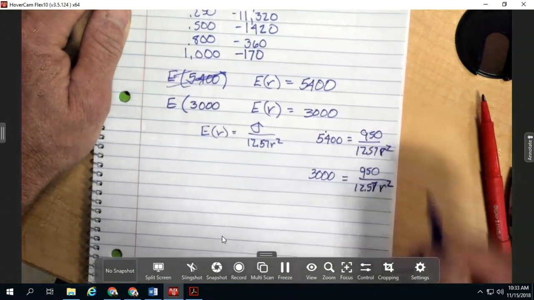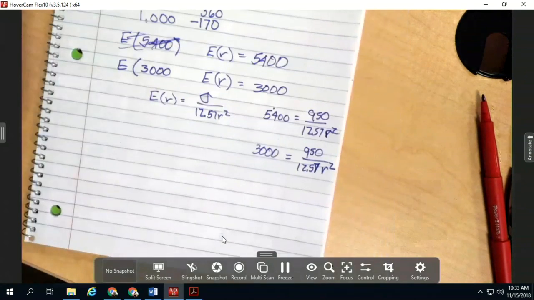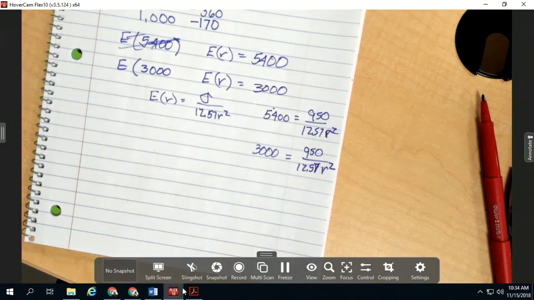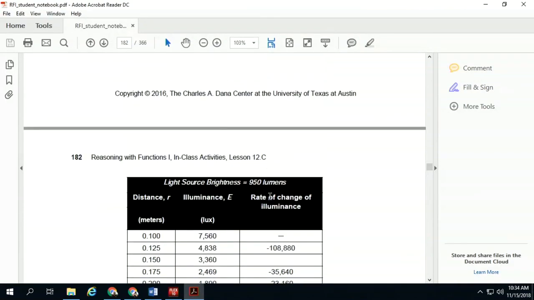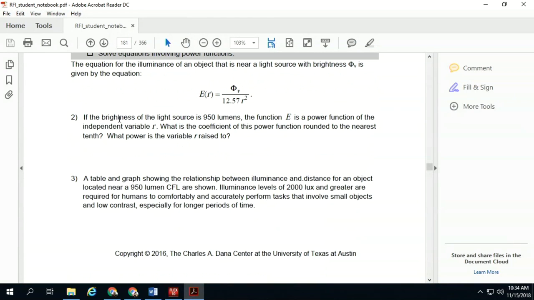Find those two R's. Go. Where'd you get the 950? Page 182. I'll show you. What is the brightness if the light source is 950 lumens? All right.